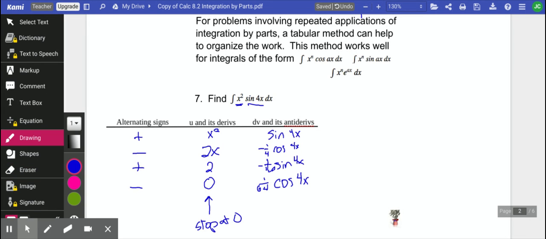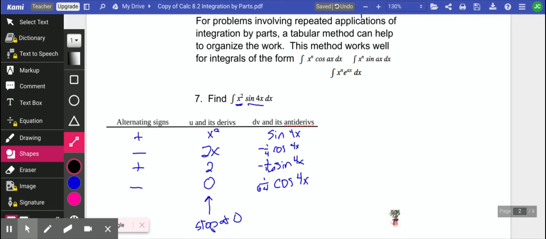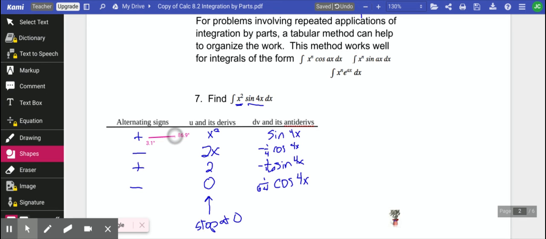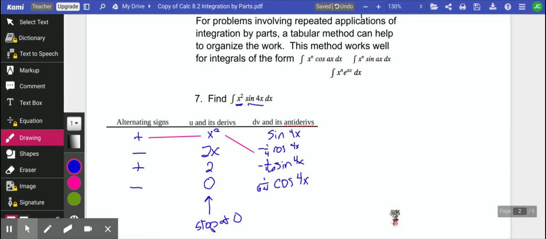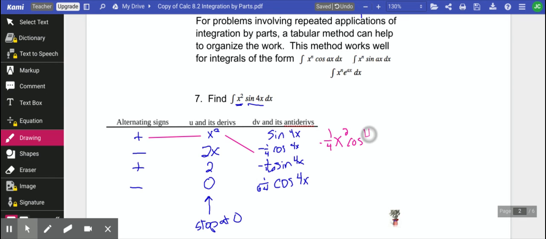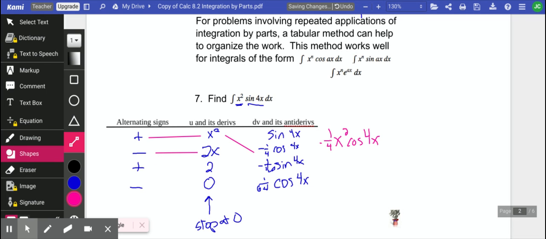All right, the way the table works from this point is, let me get a little arrow. We'll use pink. This sign goes with that, and it picks that. So that's your first term: positive x squared times negative 1/4 cosine 4x. Your next term is going to be negative times that, and then times that.